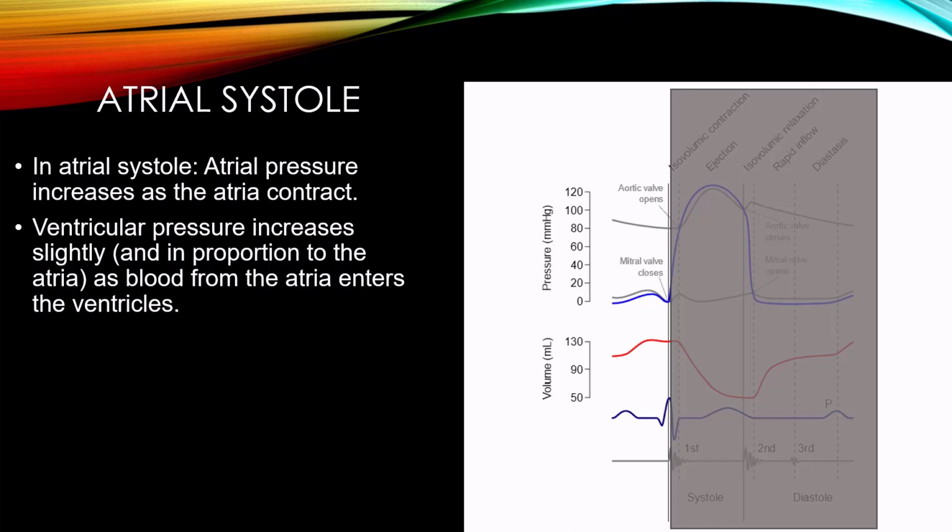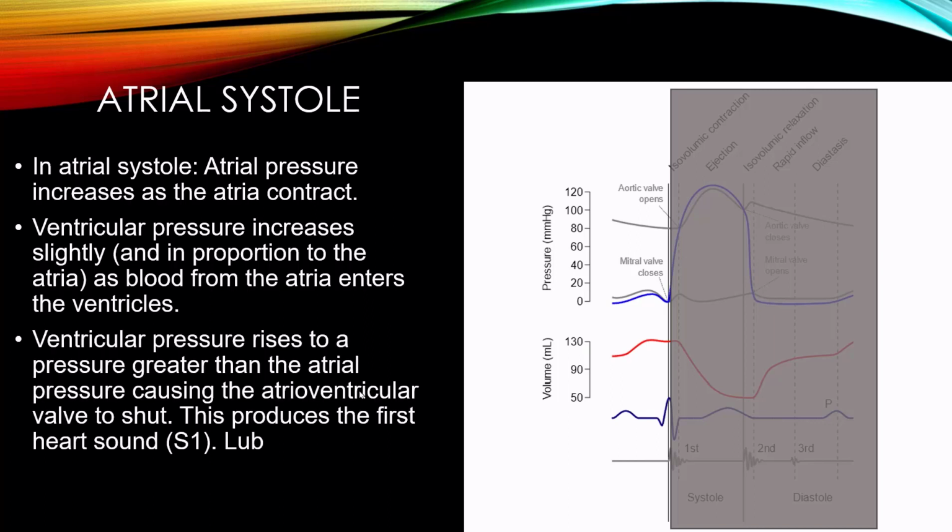At that time there is a slight rise in the ventricular pressure and also a rise in the ventricular volume, from here to here. Ventricular pressure then rises to a pressure greater than the atrial pressure, causing the atrioventricular valve to shut.